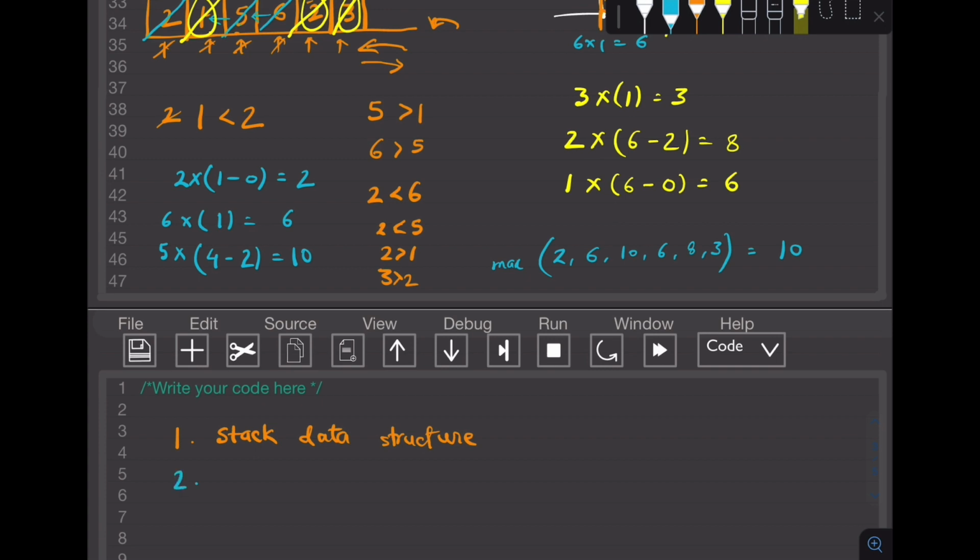The second thing, our stack is in fact storing elements in an order such that the left boundary of the rectangle with the height is the element below our corresponding height. What that means is that our stack is going to have non-decreasing elements.